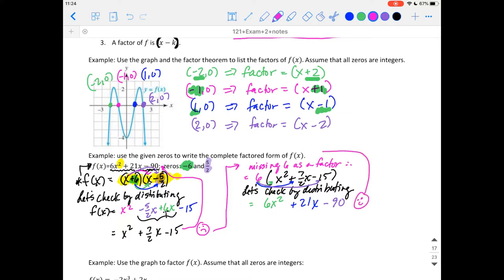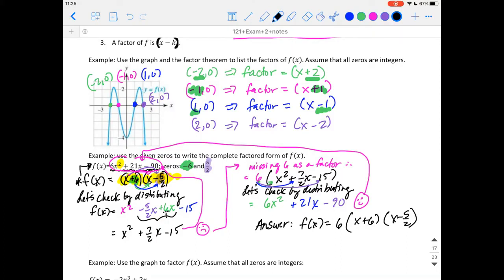Why are we happy? Because we ended up getting our original expression. So now we can say with confidence that our answer is f(x) = 6(x + 6)(x - 5/2). That's the fully factored form.